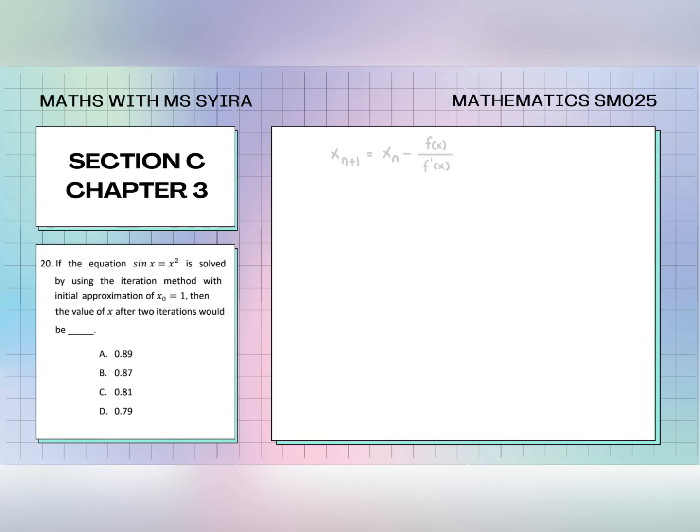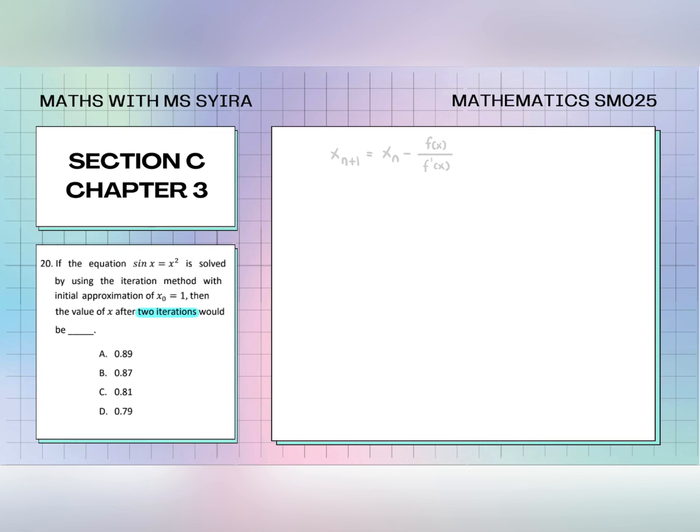So, for this time, dia minta if the equation sin x over x equals to x squared is solved using the iteration method with initial approximation x0 equals to 1, then the value of x after 2 iteration would be, okay. So soalan ni kamu tak tahu dia Newton-Raphson ataupun trapezoidal.